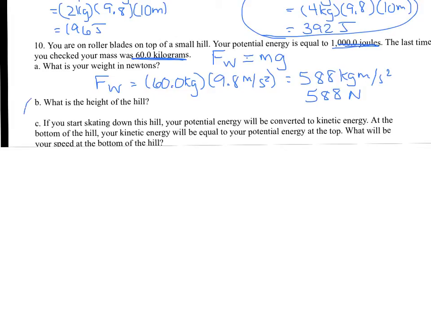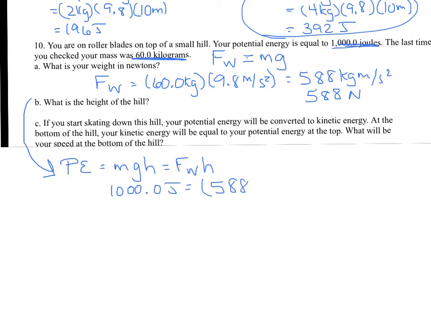Now I'm going to work B right here to give myself some room. MGH, or we could say FWH. We know that our potential energy is 1,000 joules. I know that my force due to weight is 588 newtons, and now I'm looking for height.